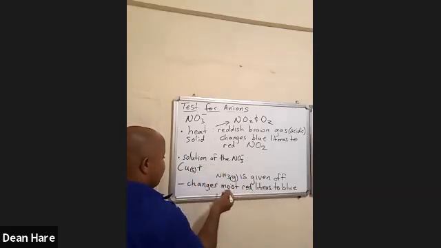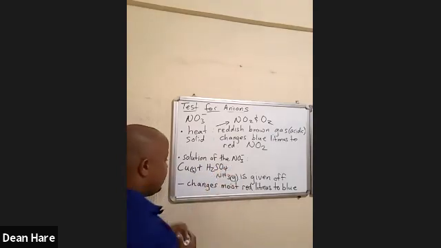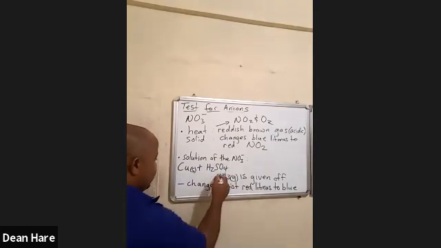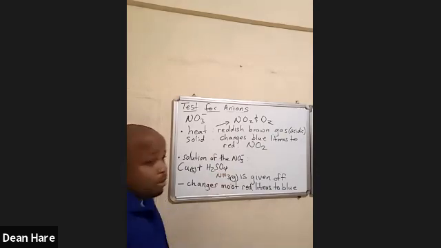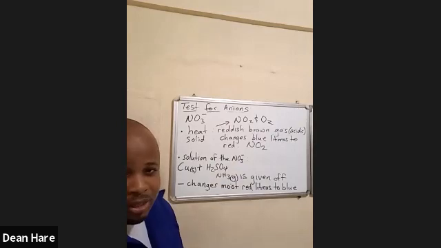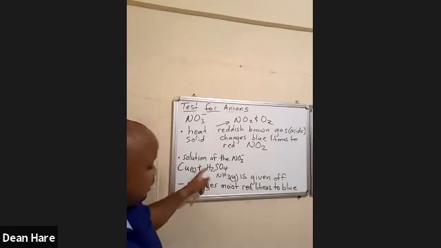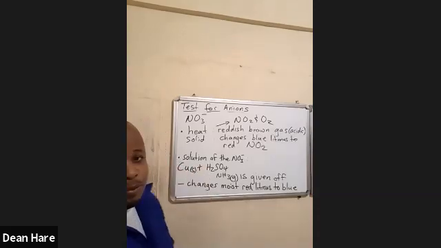So if you see copper and sulfuric acid, it is still ammonia gas that is being tested for. But more than likely, we will see sodium hydroxide and aluminum, because that is what we normally use. Sodium hydroxide and aluminum. All right.